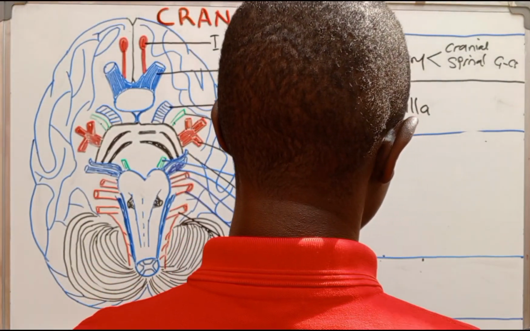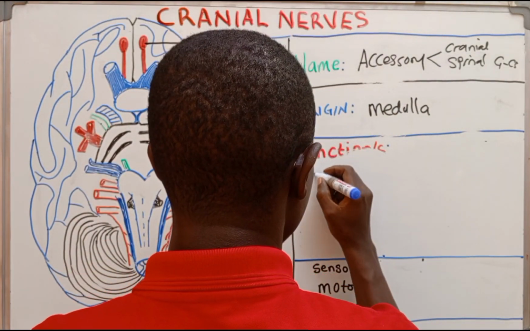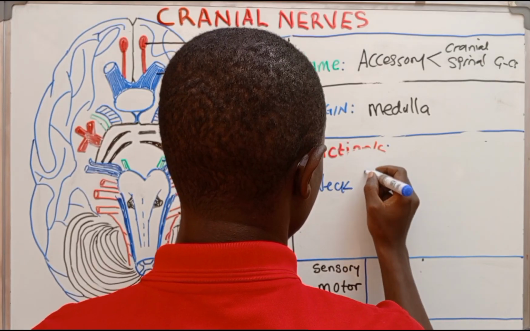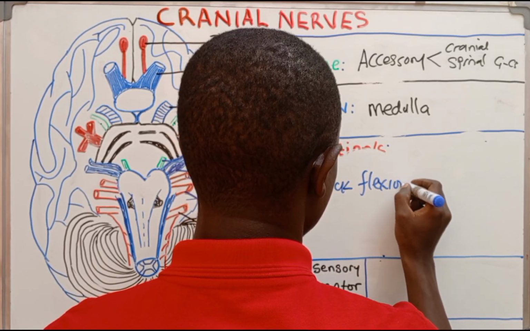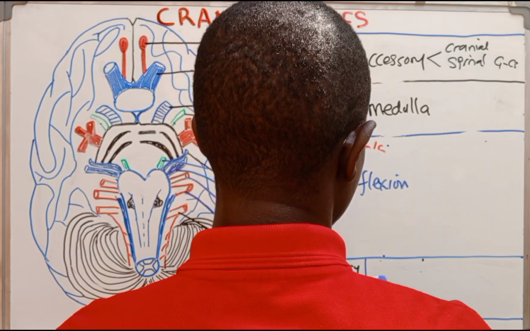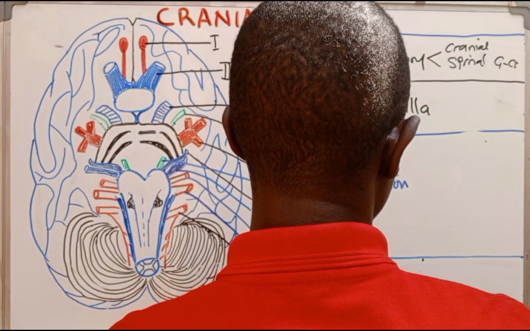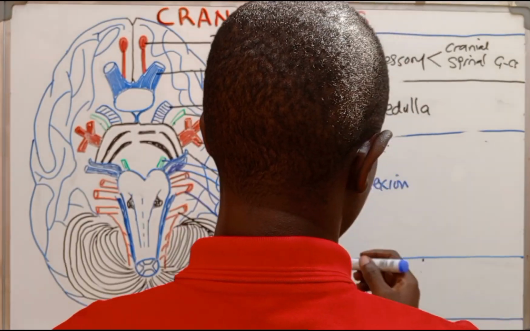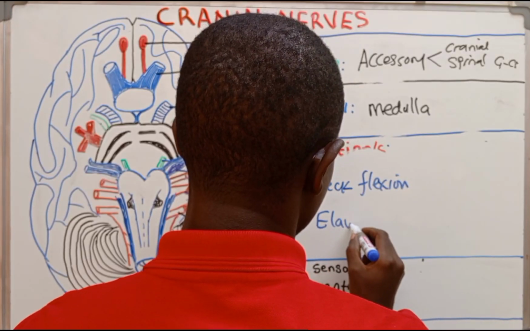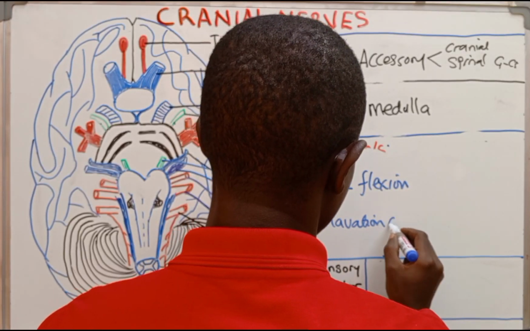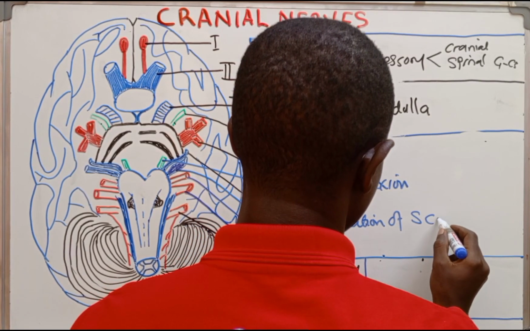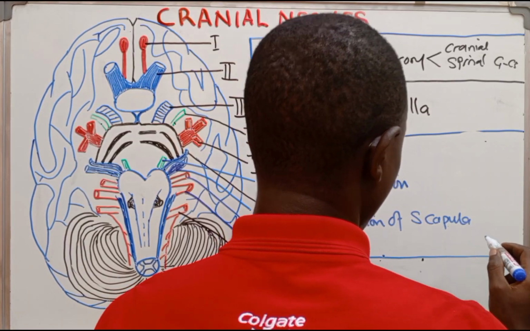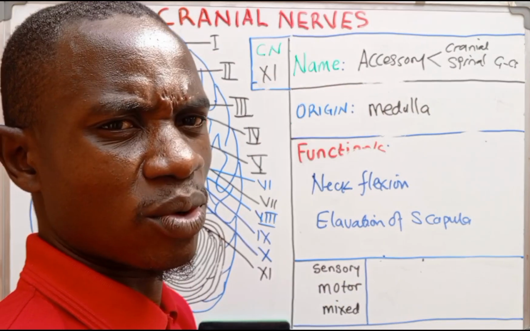So in that way, it's going to be helping in what we call neck flexion. What else do you think is going to be helping us? It is also going to be helping us in elevation of the scapula, and also retraction of the scapula.